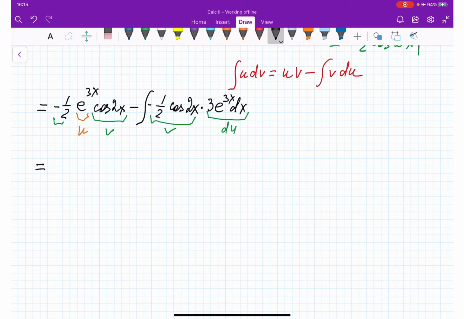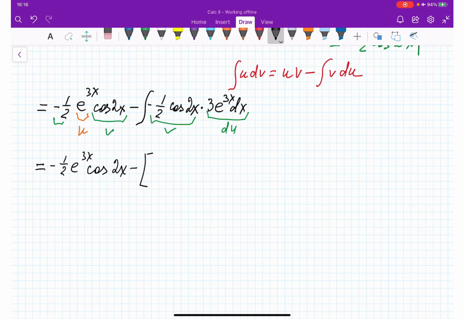Next, I'm rewriting the first term: negative 1/2 e to power 3x cosine 2x, minus square bracket.